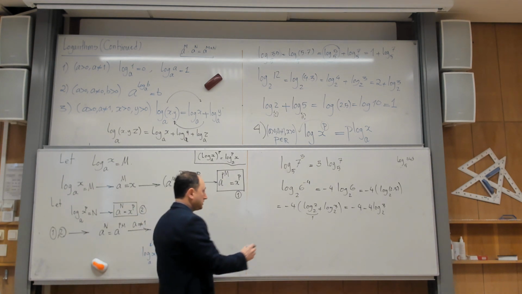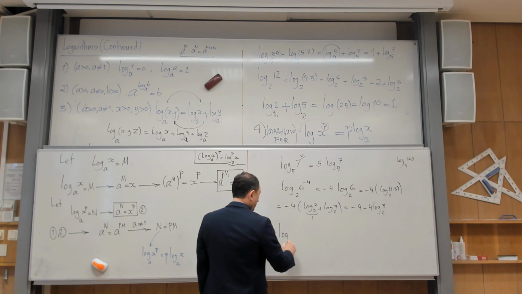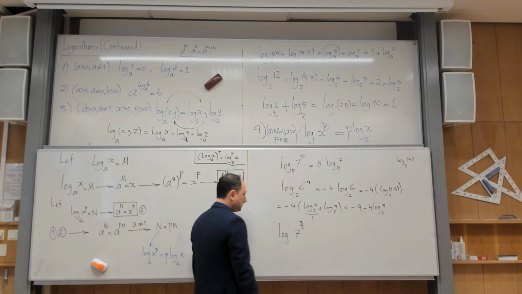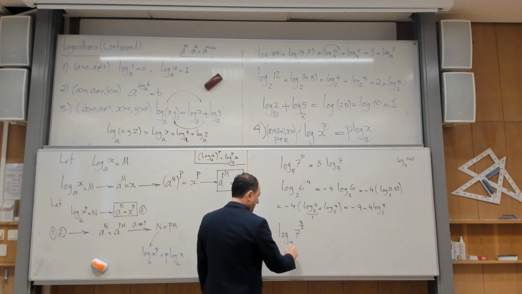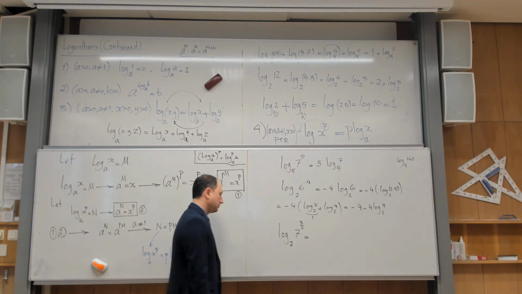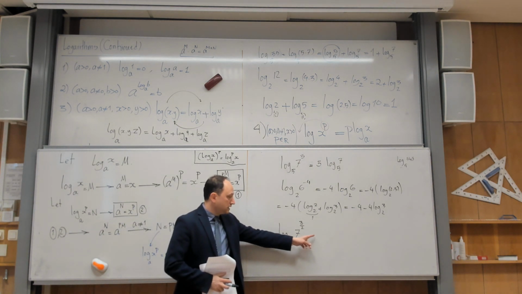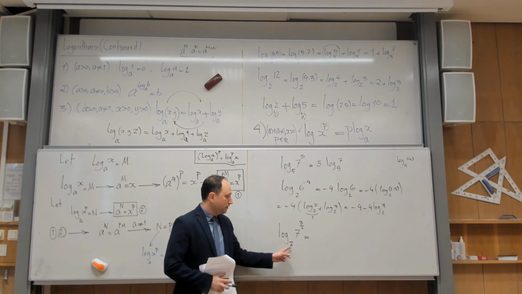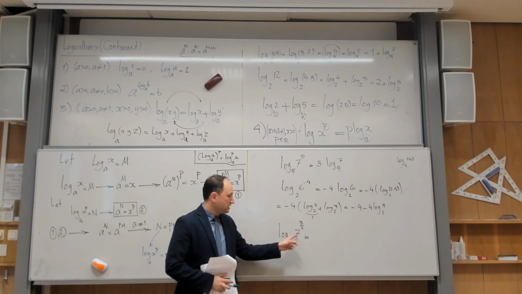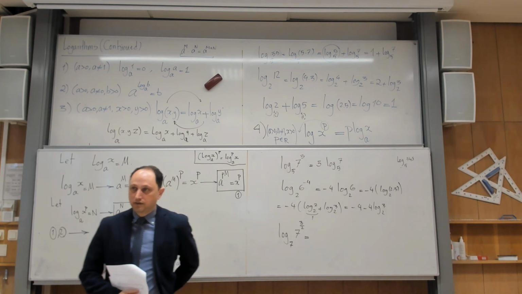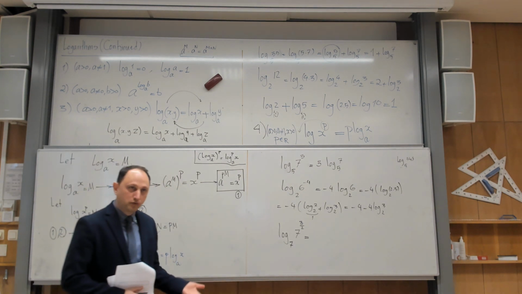So it doesn't matter if these are fractions, by the way. So if I have 7, for example, to the power of 3 over 2, and by the way, 7, if I put 7 here, how can I calculate this? I can calculate this one in 2 ways, yes? I can ask myself, what is the number here so that 7 raised to that number becomes 7 raised to 3/2? So what's that number? It's 3 over 2, yes?